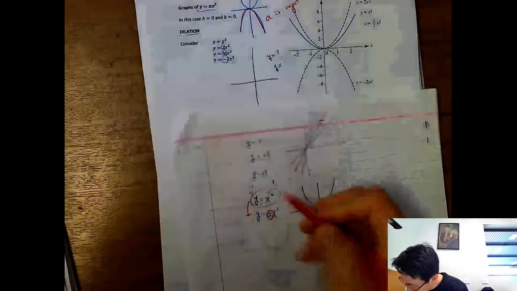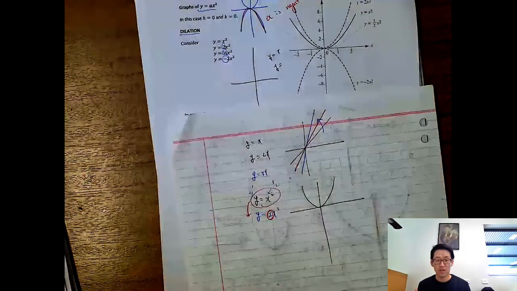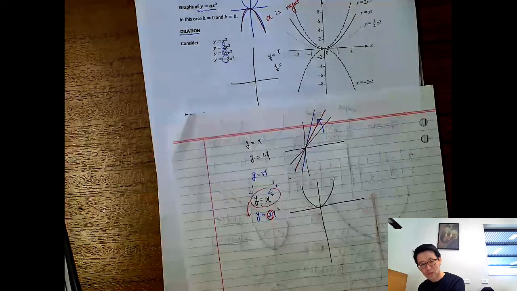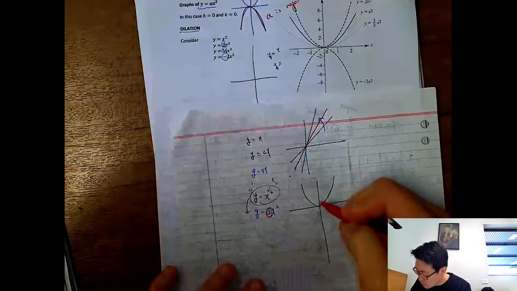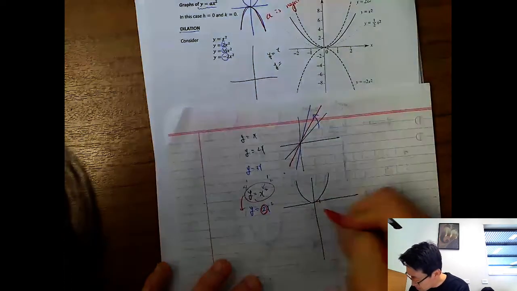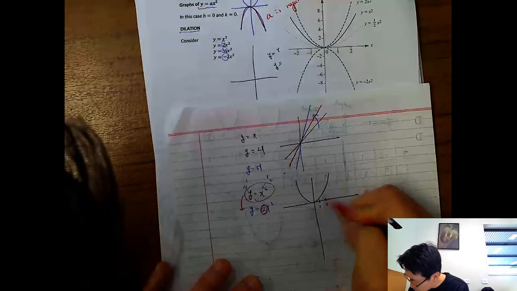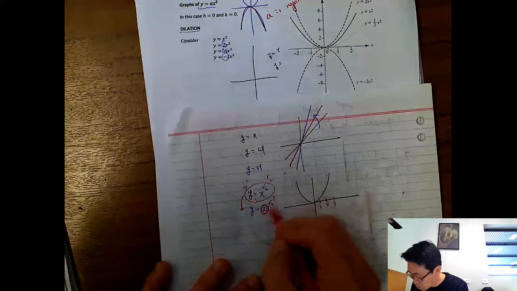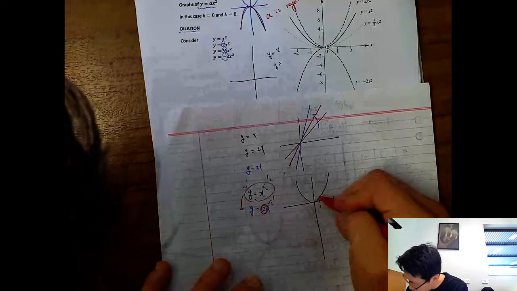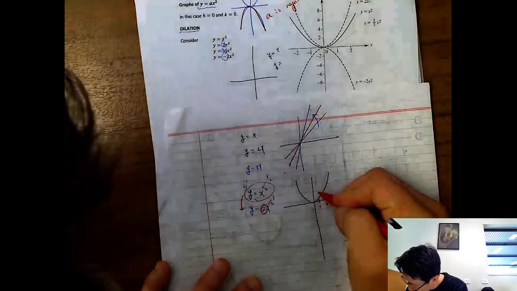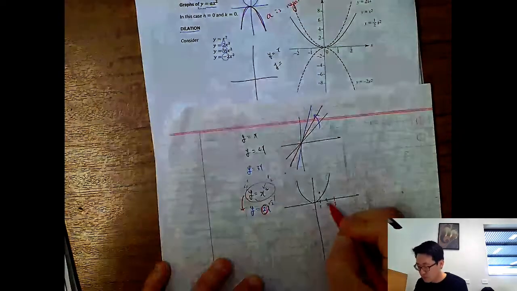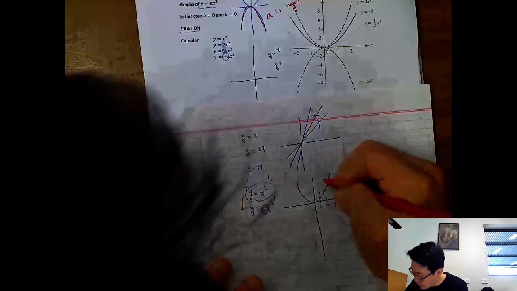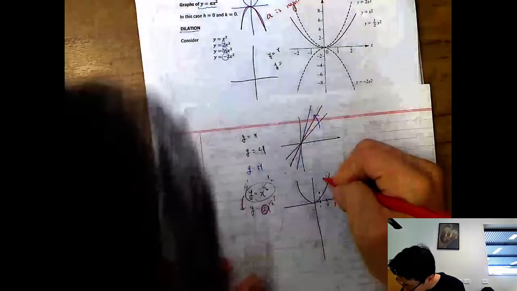What about 2? 2 times 2 is 4, times 2 is 8. It's twice as big as well.